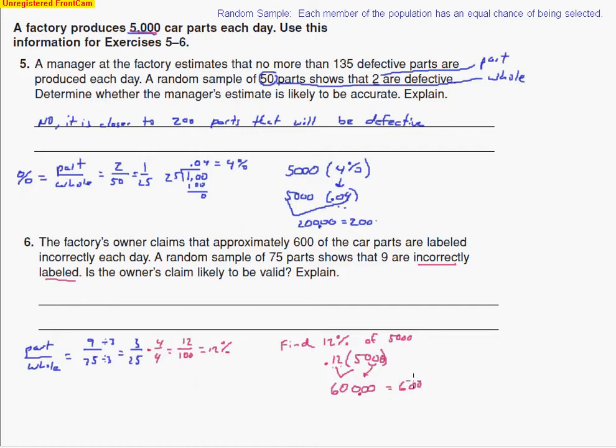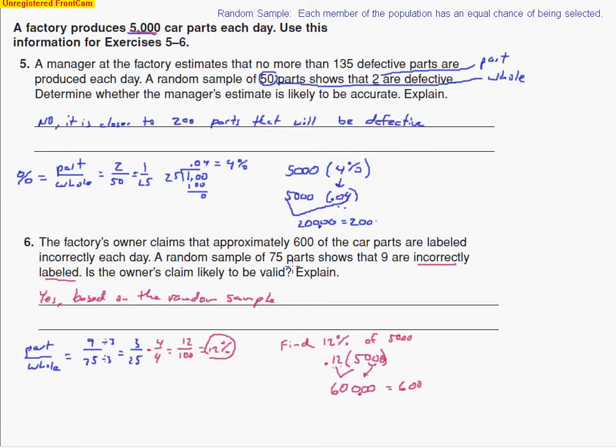So in this case, I would say yes, based on the random sample. And again, we're basing our conclusion on that random sample because we're using its percent. We use that 12%. So we're basing it on the random sample.